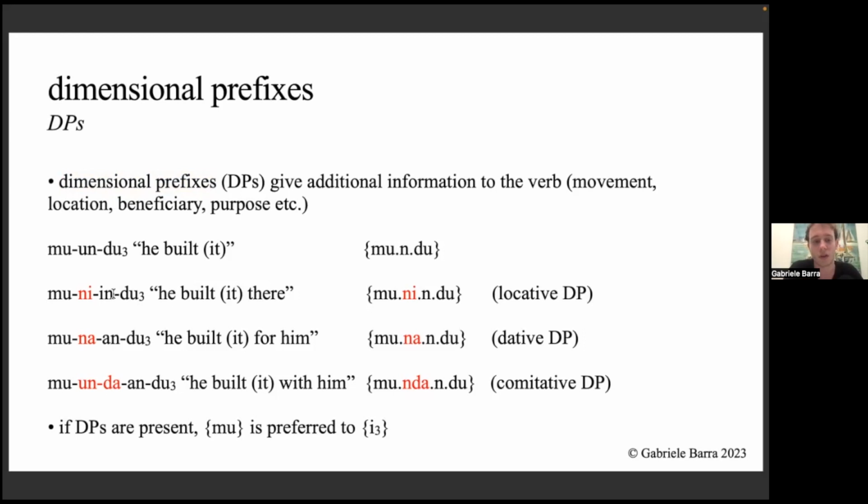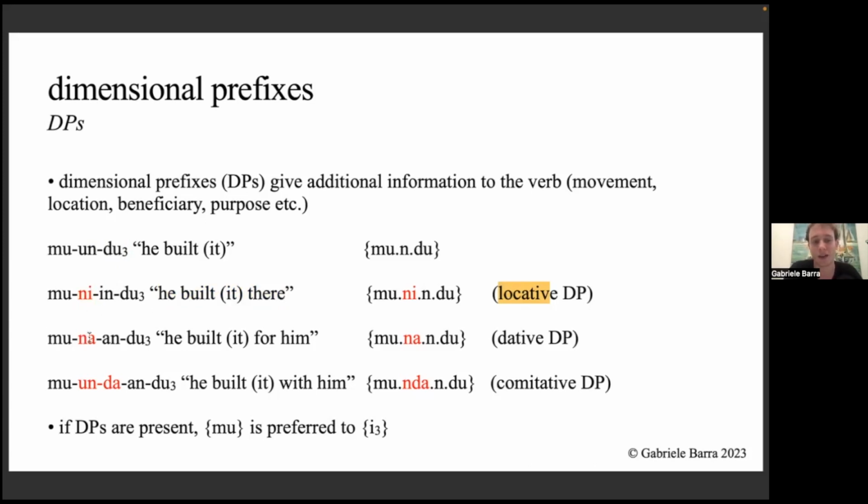So we have different kinds of them. We have, in this case, the locative one. So I have the verb mu-n-du, he built. And if we put in a locative dimensional prefix, we have mu-ni-n-du. So the ni element is a locative element, and it means he built it there.